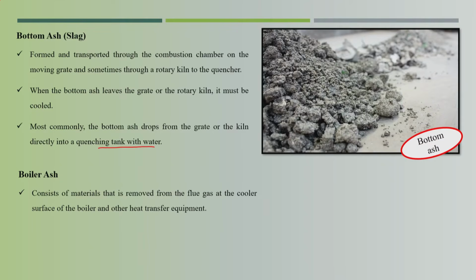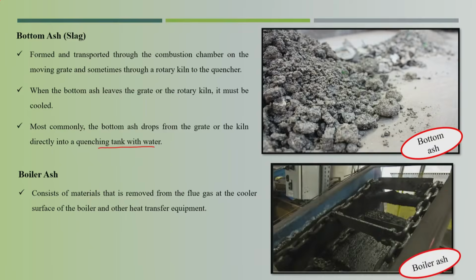Boiler ash consists of material that is removed from the flue gas at the cooler surfaces of the boiler and other heat transfer equipment. You can see here, this is where the ash is produced, onto the boiler.